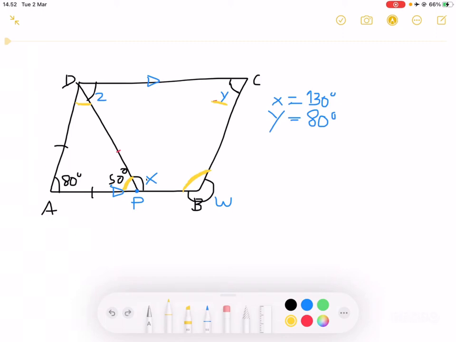Since we know Y is equal to 80 degrees, this yellow angle must be equal to 100 degrees. Therefore we can find the angle W, which is just 360 degrees minus 100 degrees, which is 260 degrees. So we found W, which is 260 degrees.